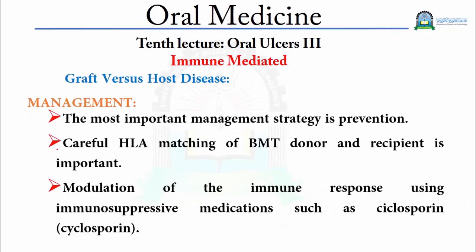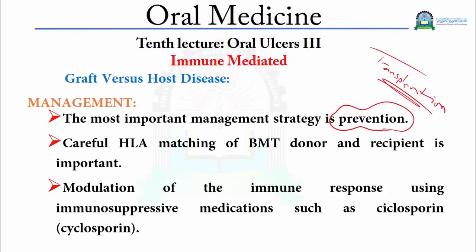Management of graft-versus-host disease. The most important management strategy is prevention. A complete, detailed and accurate history and examination of the patient before the transplantation is the key prevention strategy for developing graft-versus-host disease.